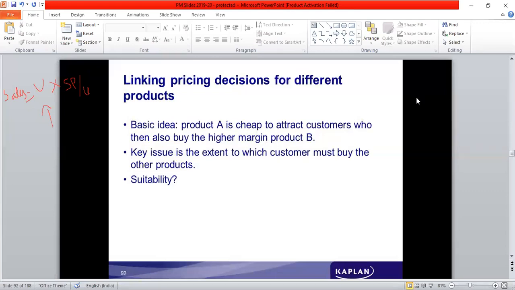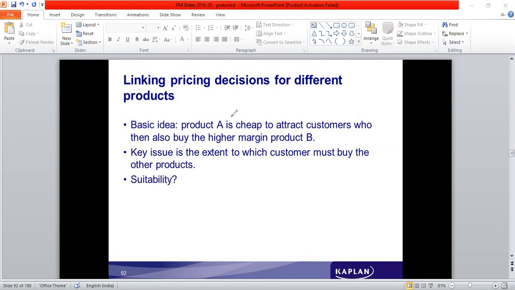Then, linking pricing decisions for different products. Basic idea: product A is cheap to attract customers who then also buy the higher margin product. By offering a low price product first, they attract the customers, and then they offer other products in their product line.